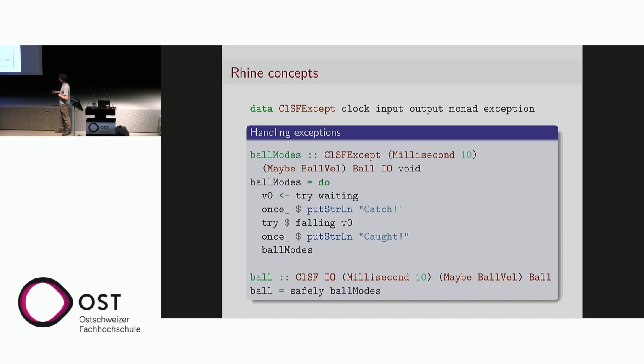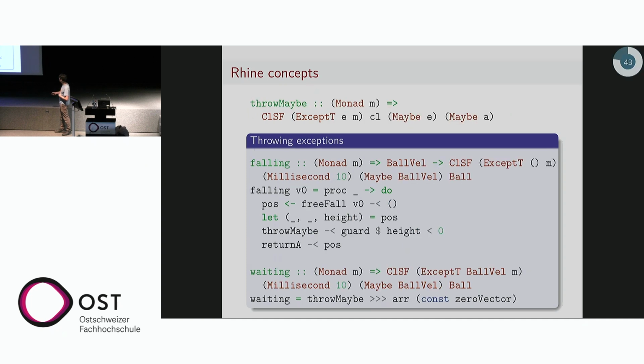So this mode here, waiting mode. When does it end? For this, we need to have a look. What are the exceptions that are thrown in this? So let's look here. And the exception is thrown whenever there is an input. Whenever this input here is just a velocity, we'll throw an exception.